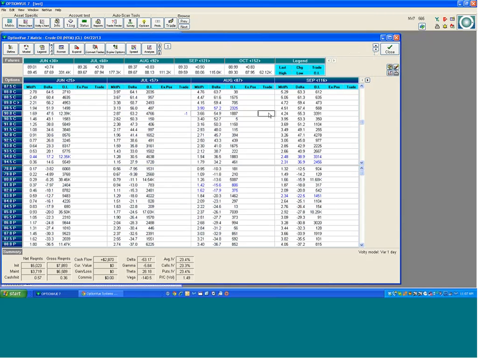And if at the same time we were to purchase an August 90 call, this is a calendar call spread that is very close to the money. It's a calendar call spread because we are short the front month and we are long the deferred month.